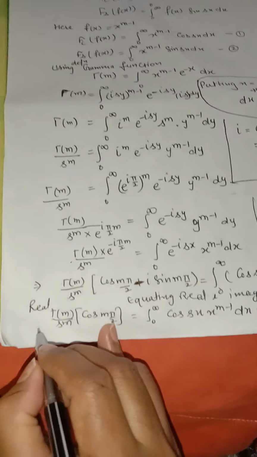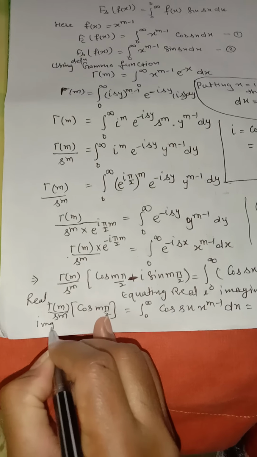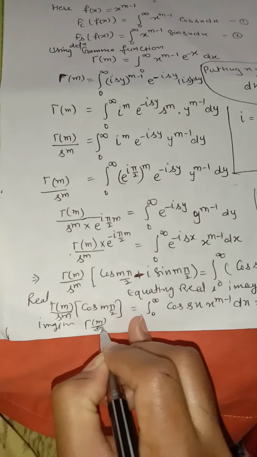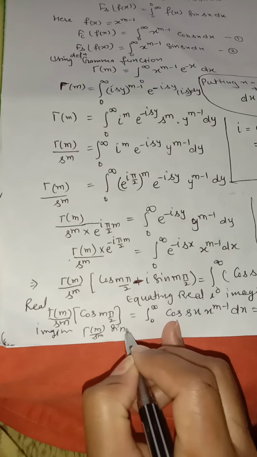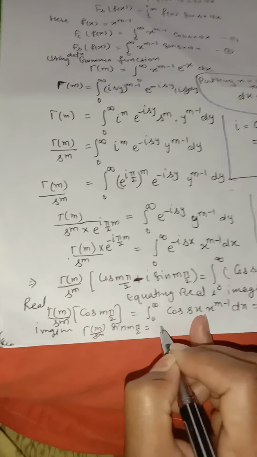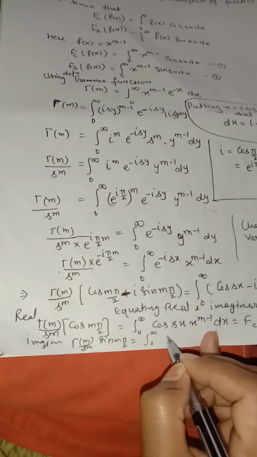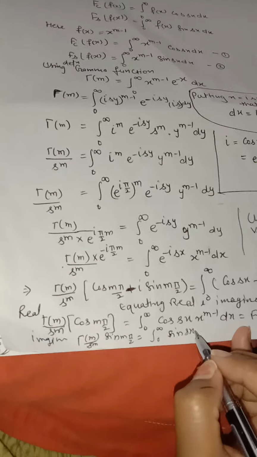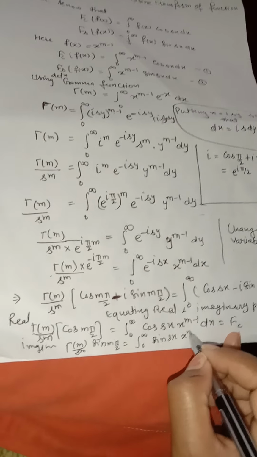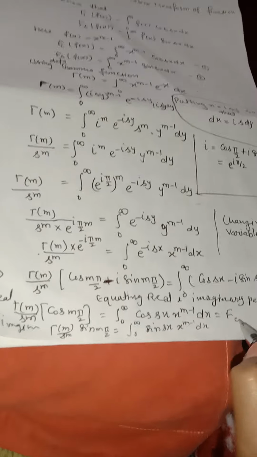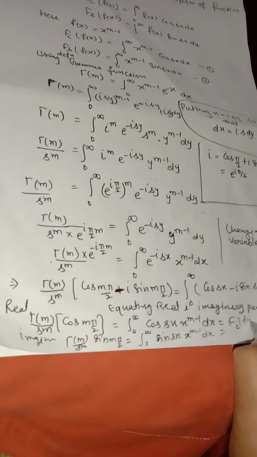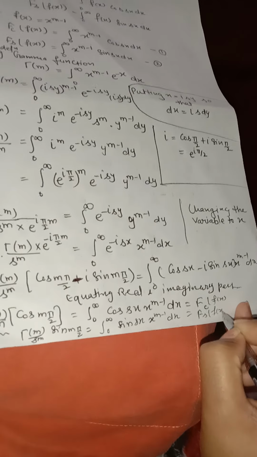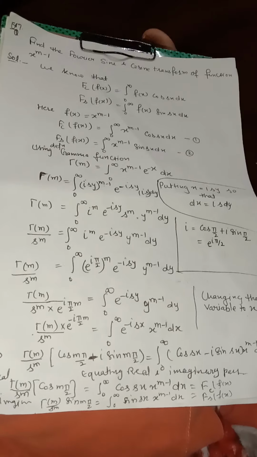And imaginary part: gamma m upon s raised to power m sine m pi by 2 is integral 0 to infinity sine sx into x raised to power m minus 1 dx, that is Fourier sine of f(x). This is the final result.